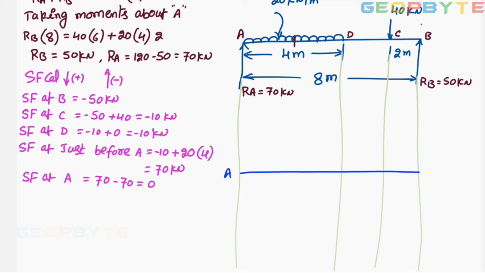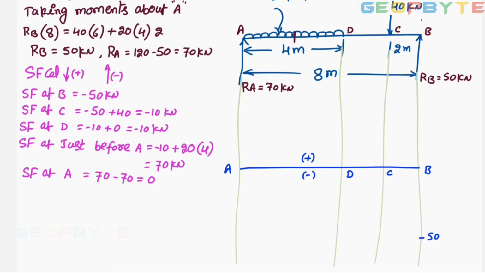This is A, this is B, C, D. Positive values above the reference line, negative values below the reference line. At B exactly it is minus 50. At C it is minus 10. At D also it is minus 10.